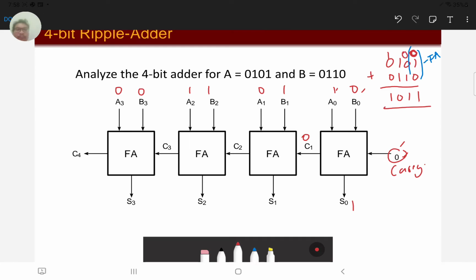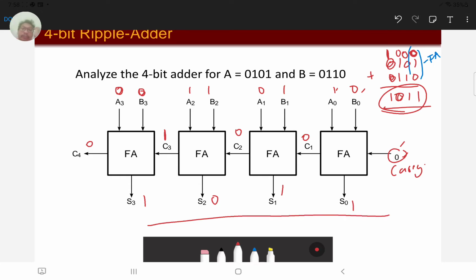So 0 plus 1 plus 0 is also 1. So we can actually put 1 there. 1 plus 1 plus 0 is actually 1, 0. So we actually put 0 with a carry of 1. And finally 0 plus 0 plus 1 gives 1. And here is our solution, which is exactly the same. The answer is 1, 0, 1, 1, with a carry out of 0.